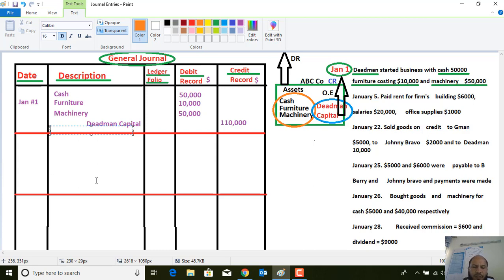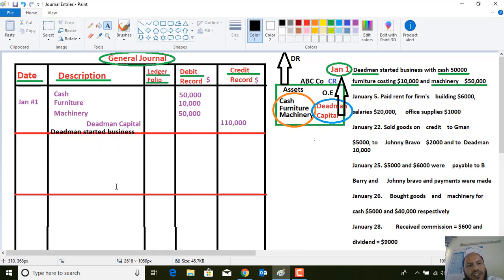So I can say Deedman started business. How did he start his business? He started his business with cash, with furniture and machinery. So we can say that this is the record for the first transaction of the business.